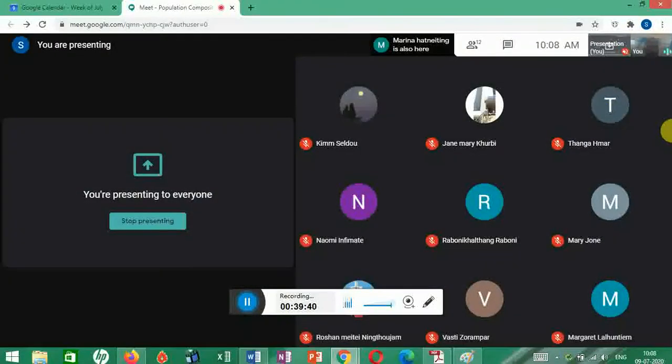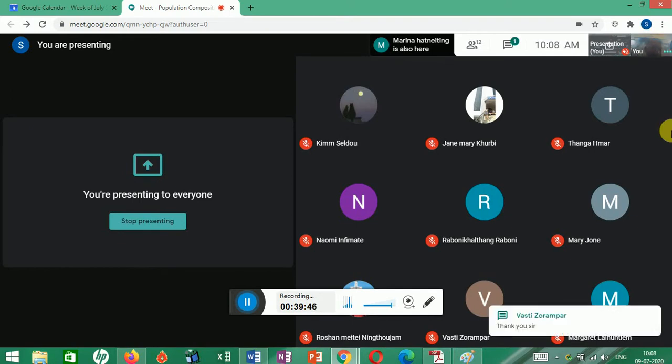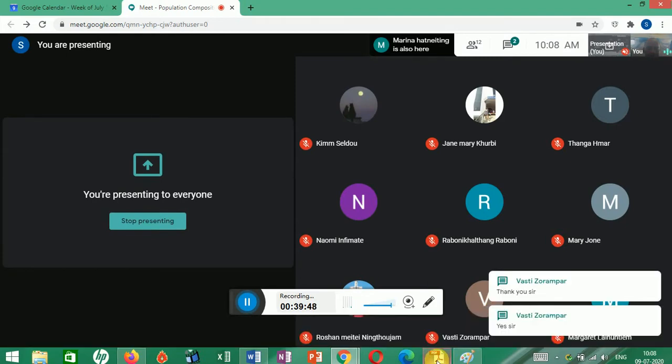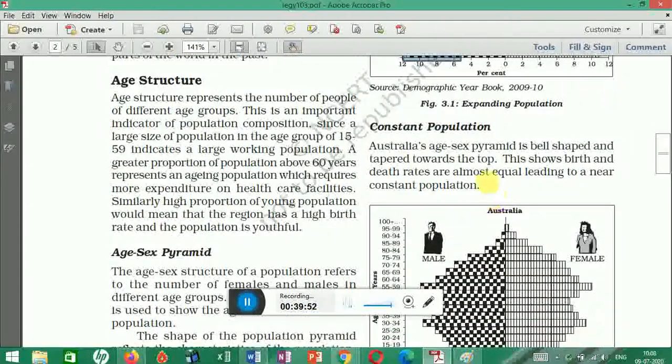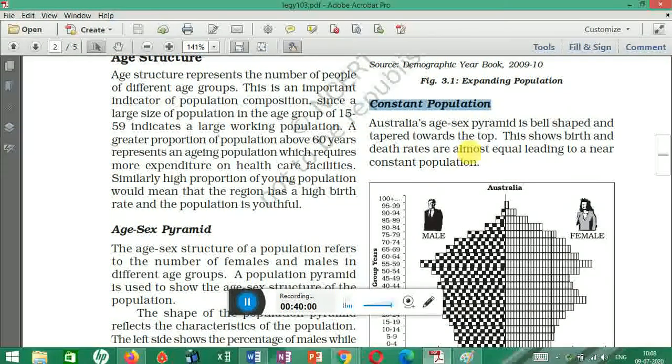Is it clear? Okay, let us proceed. Next, we have another type of population pyramid known as constant population. The growth rate is very slow, steady, or stable.